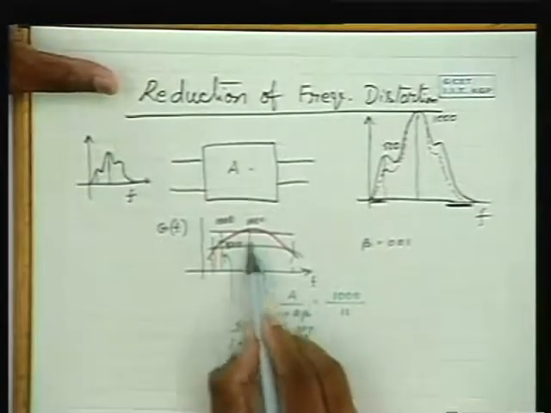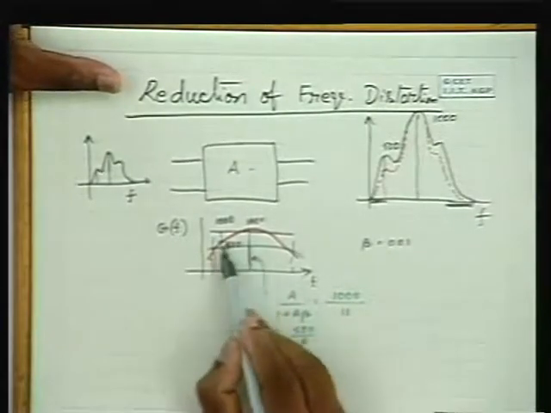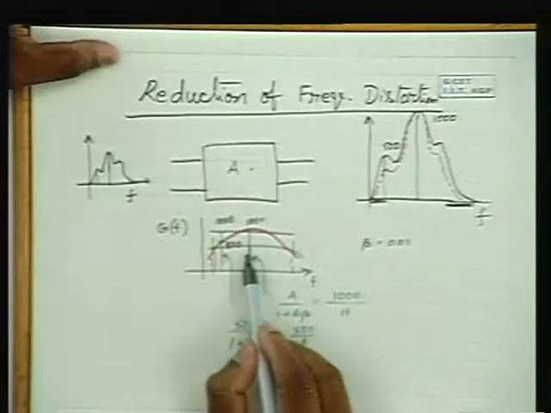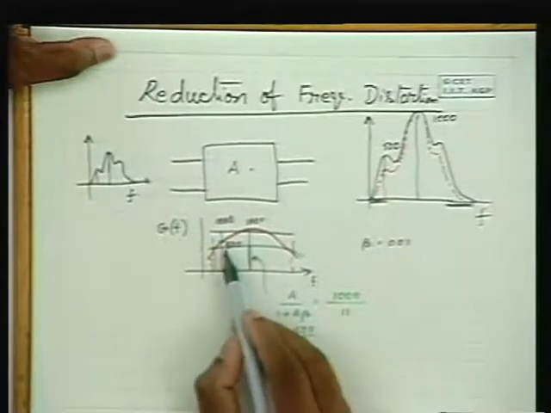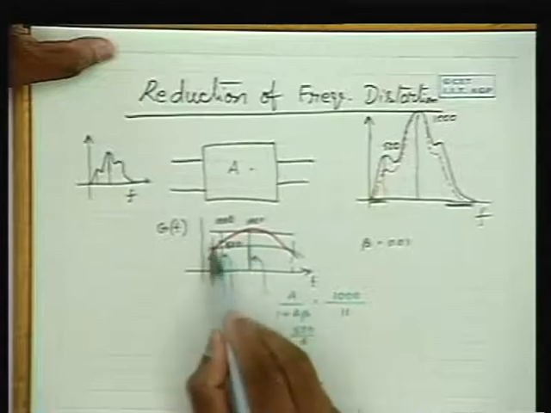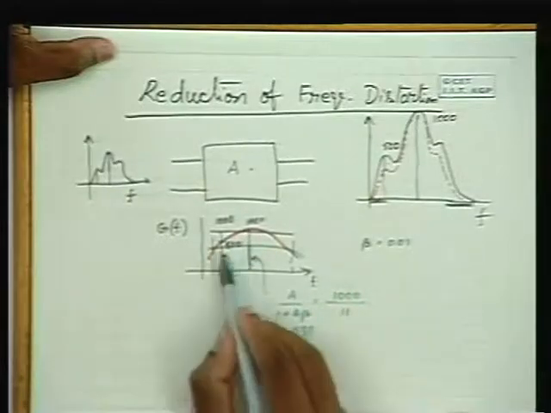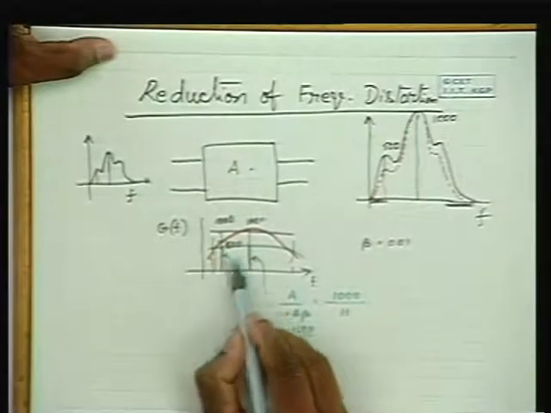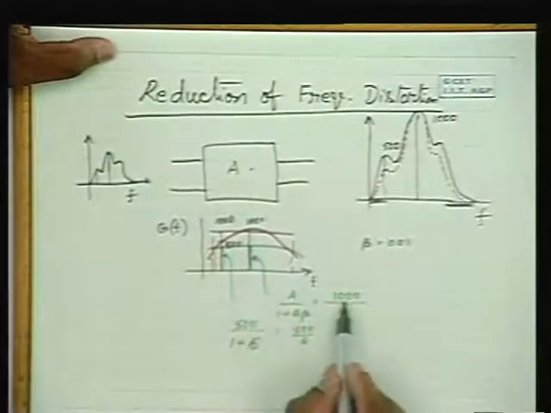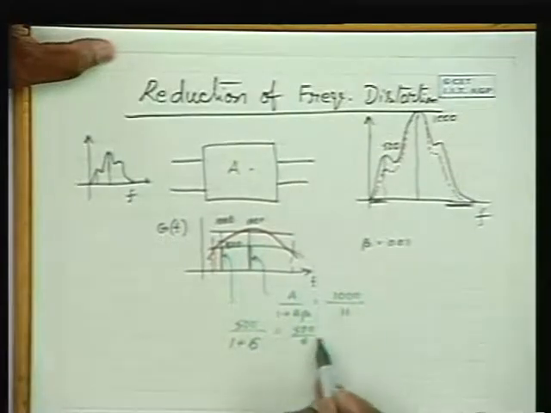Now in the amplifier without feedback, the ratio of these two gains is 2, or the response of this is only half of this. Now after feedback, what is the response at this frequency compared to the response at this frequency? This is 1000 by 11, whereas this is 500 by 6, that means 1000 by 12. Is this response half of that? Much less than that.